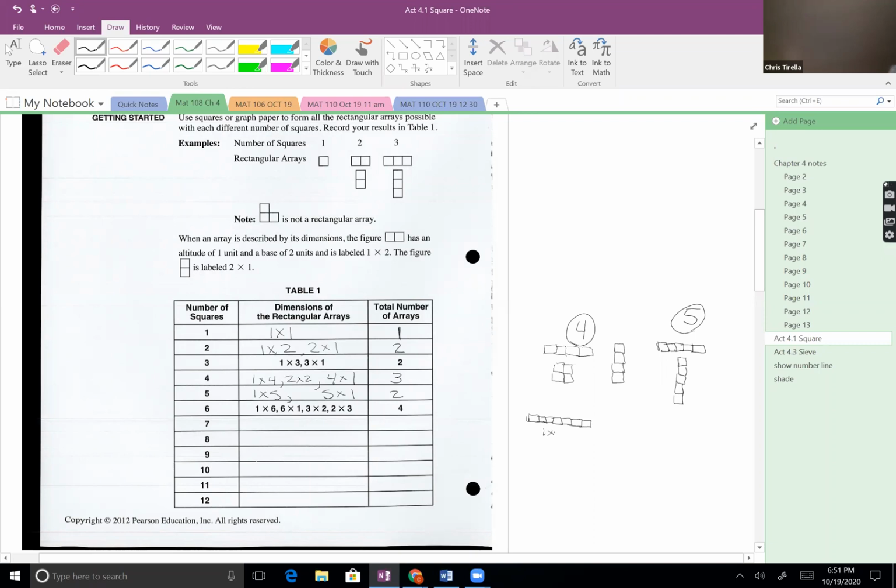I've got 1 by 7, and then I could turn that on its end. But I think if I looked for any other dimensions, I'd have extra blocks. It wouldn't be even. So that's 1 by 7 and 7 by 1.